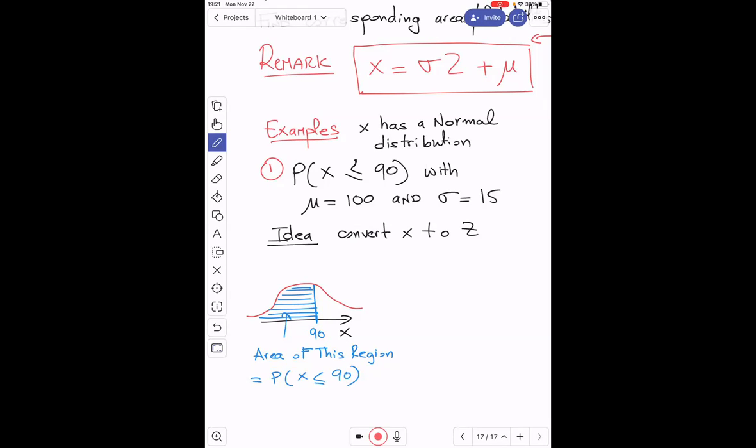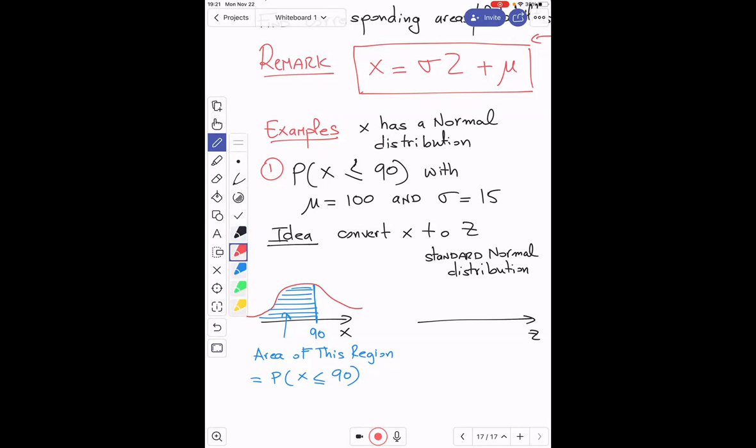So what we're going to do is convert x to z. Here is my standard normal distribution, where I can use table number 3 to find the areas and probabilities.